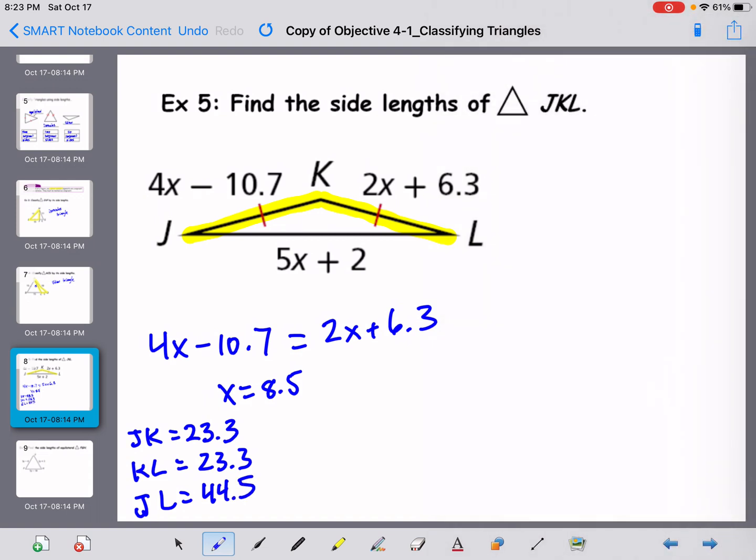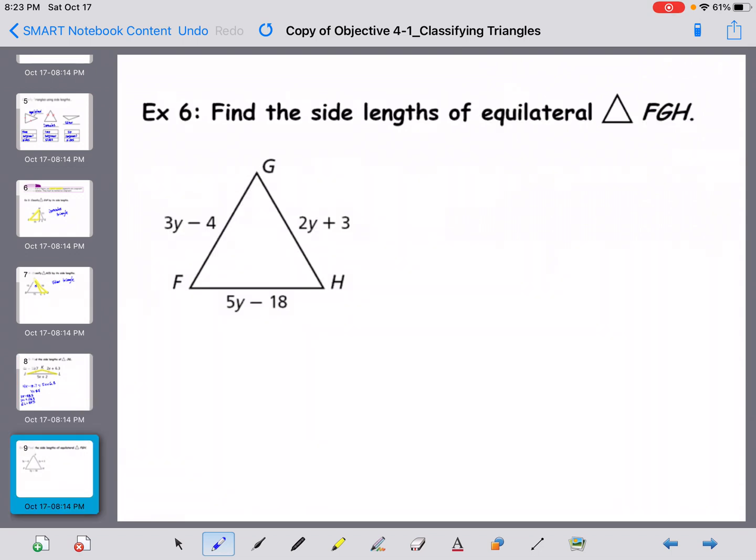So, all right, last example. Find the side lengths of equilateral FGH. All right, equilateral FGH. Equilateral means all 3 sides are going to be congruent. So I just need to pick 2 sides that I want to work with and say that they're equal to each other. Now, this equation would work.